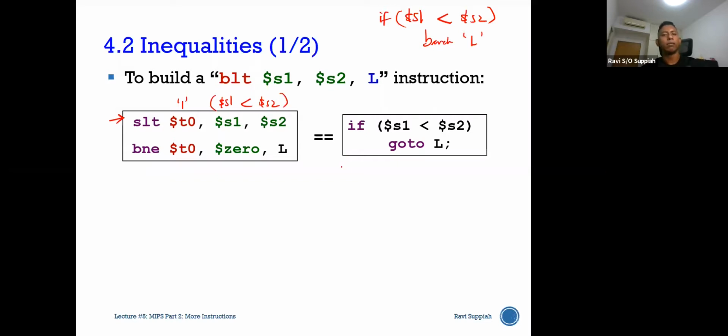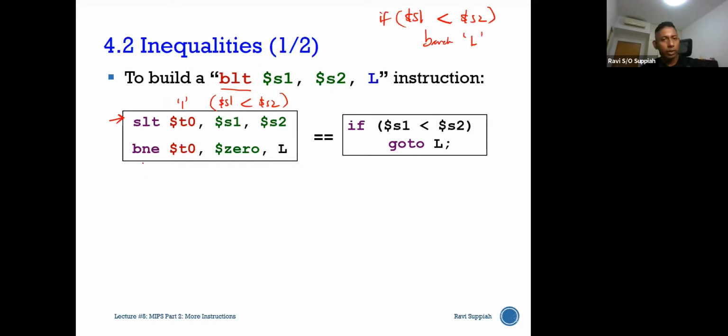Then over here, what do I do? If I look back at my original instruction, I need to branch if less than, correct? So since if T0 is 1, then S1 is less than S2, I need to take the branch.